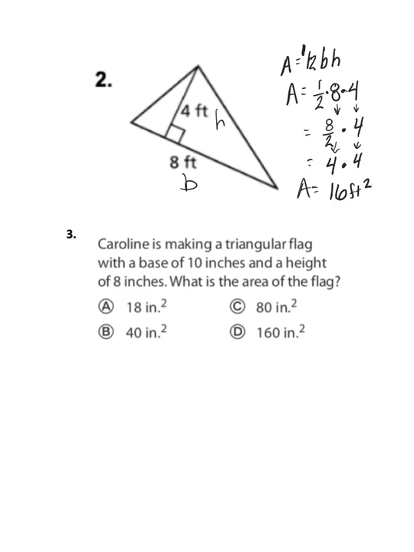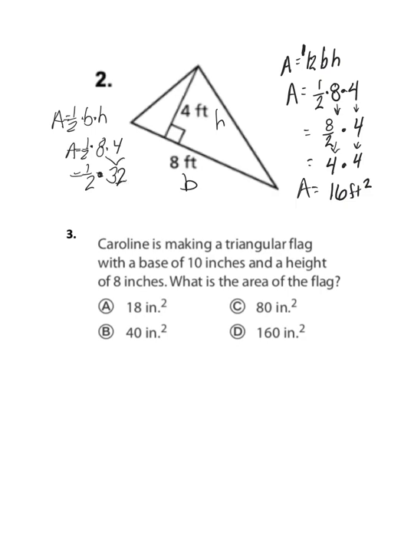Now, I told you that you could do this by multiplying the 8 times the 4 first. So you could also do area equals 1/2 base times height. So area equals 1/2 8 times 4. Well, 8 times 4 is 32.